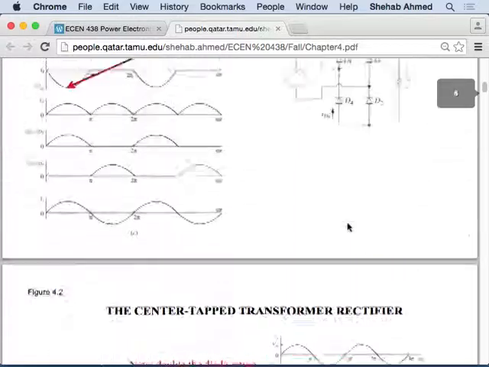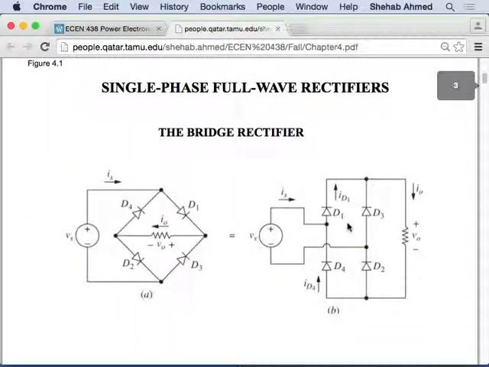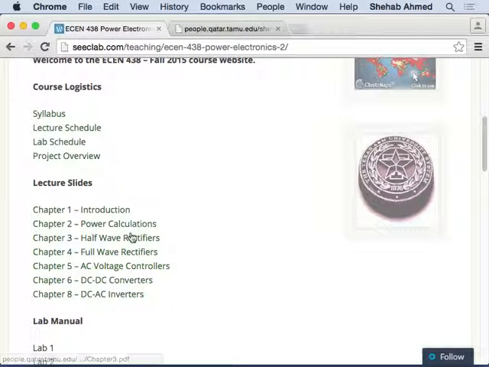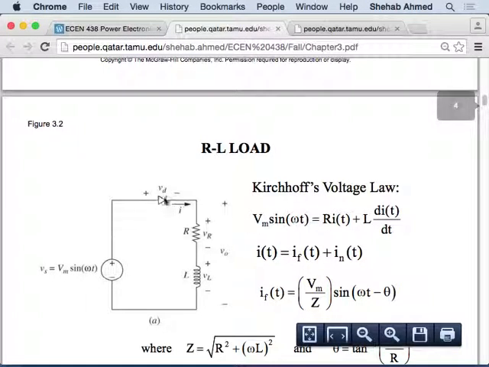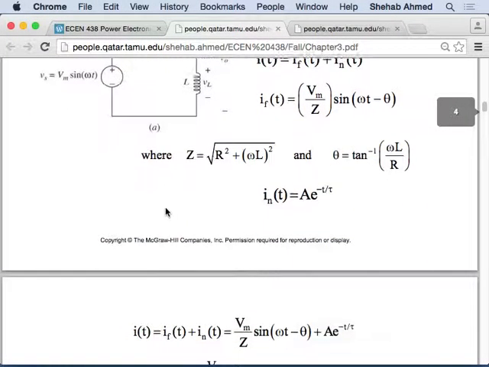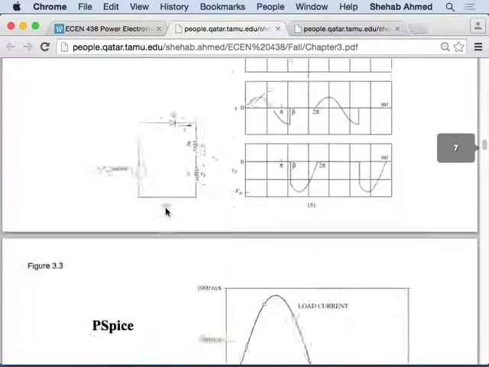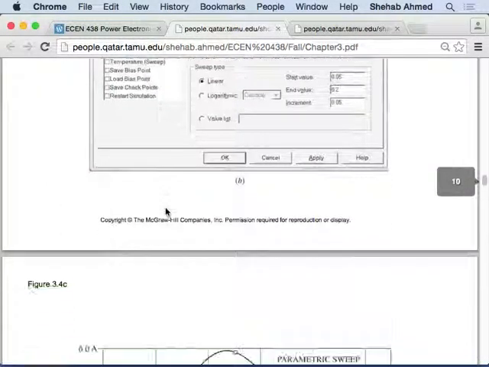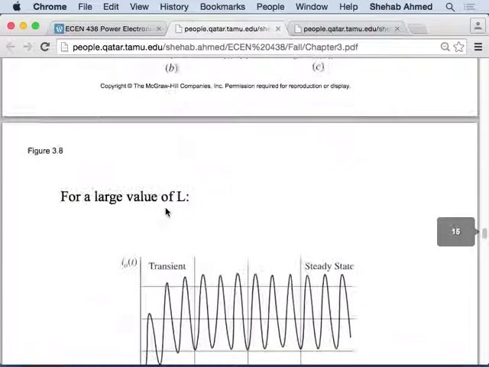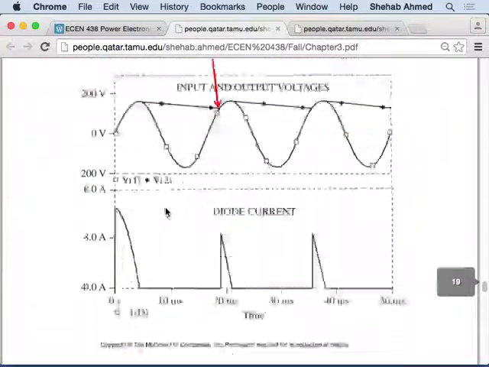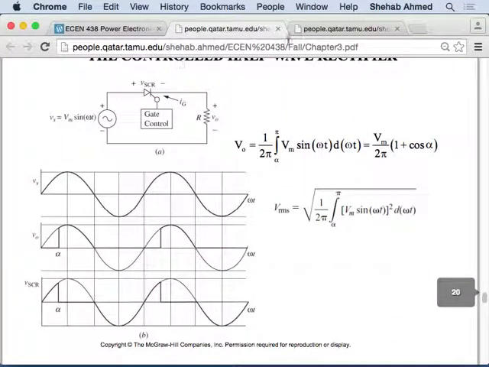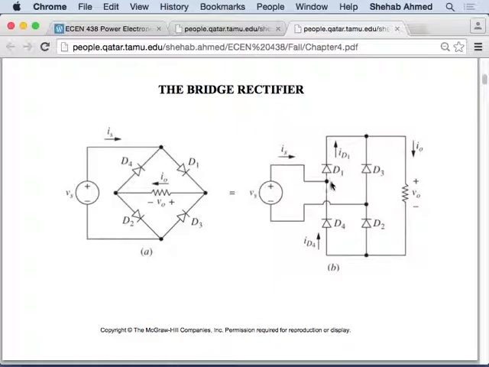No. Yeah, they typically put positive here.